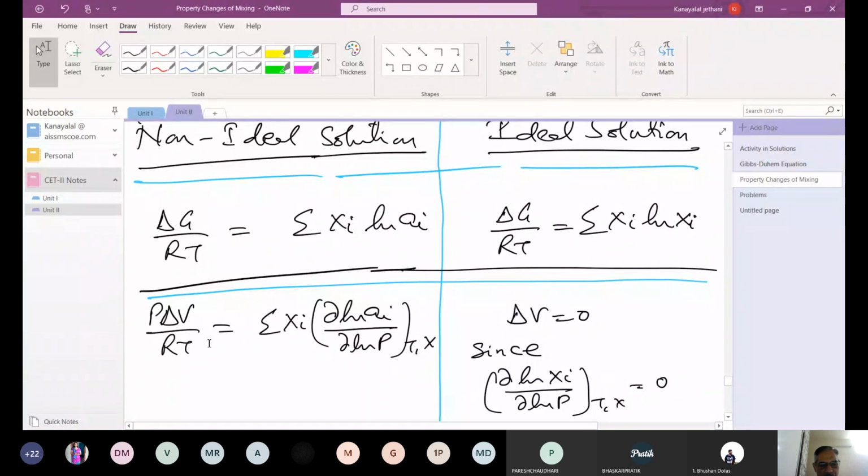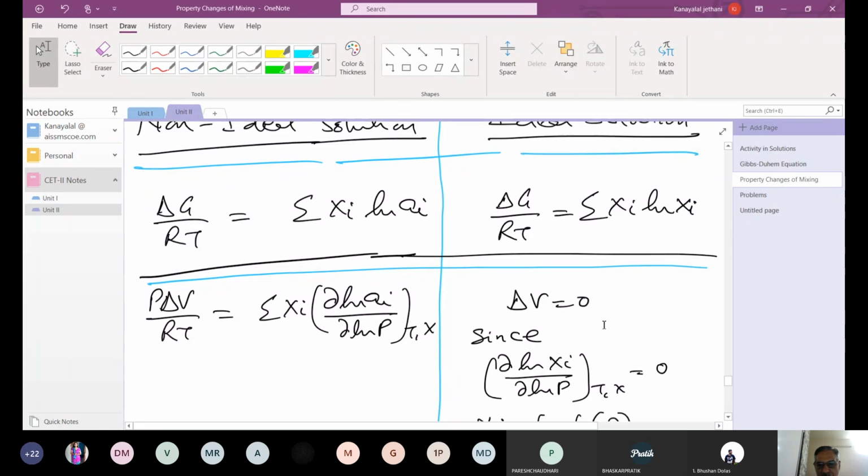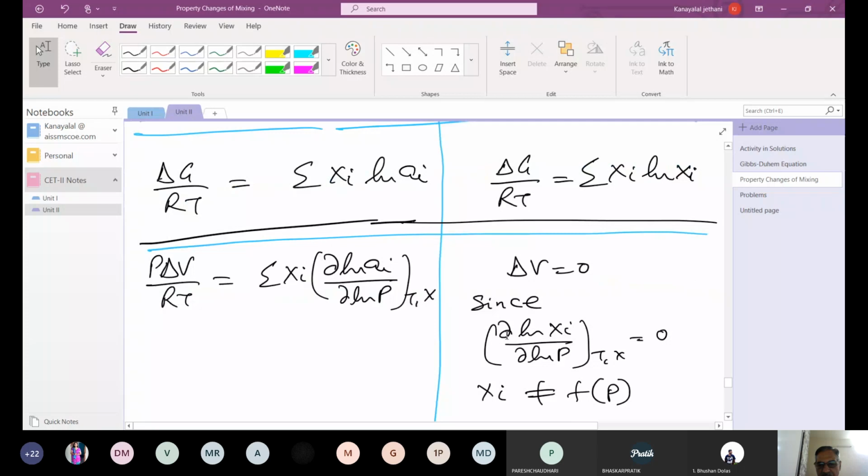For the volume change of mixing, we had the equation P delta V by RT is equal to summation xi ∂ln ai by ∂P at constant temperature and x. And we know that for ideal solutions, delta V is equal to 0. Or otherwise, if we substitute ai equal to xi, we get ∂ln xi by ∂P, and we know the concentration is not dependent on pressure, right?